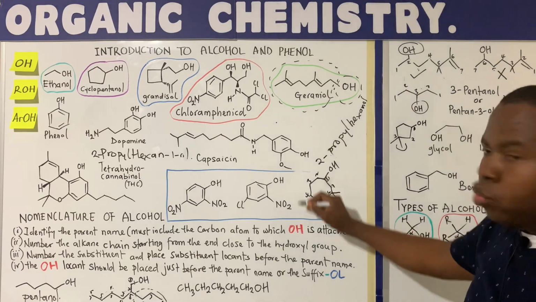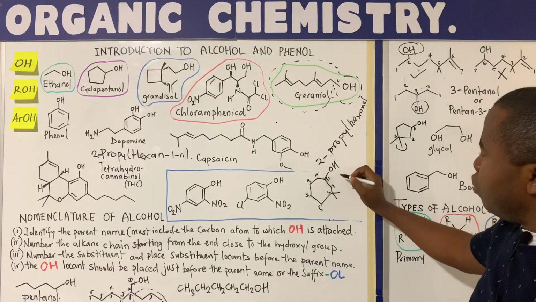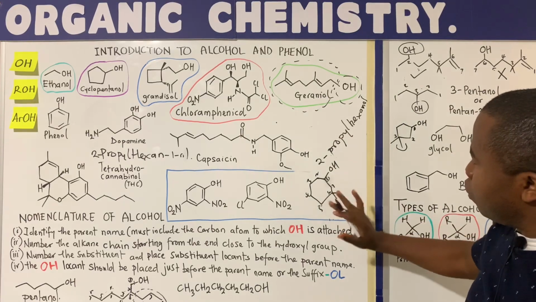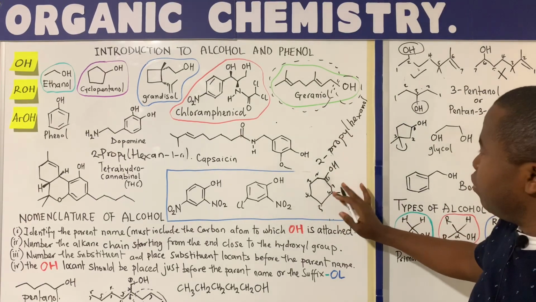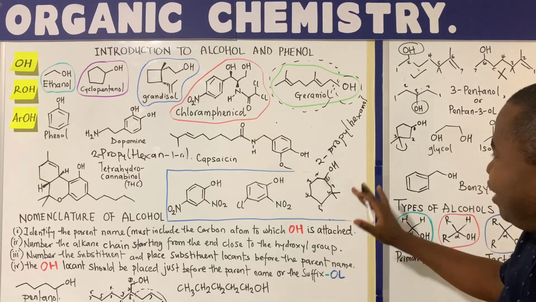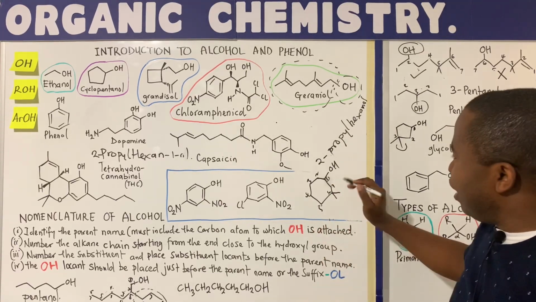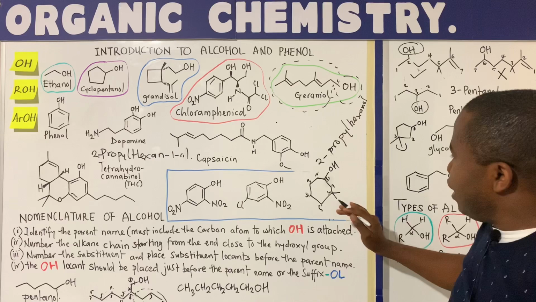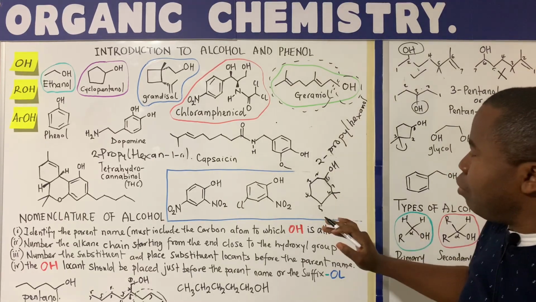If we go this way, the parent name for this compound, let's slow down here. The parent name for this compound has to be derived first, and that will be the longest carbon to carbon chain.